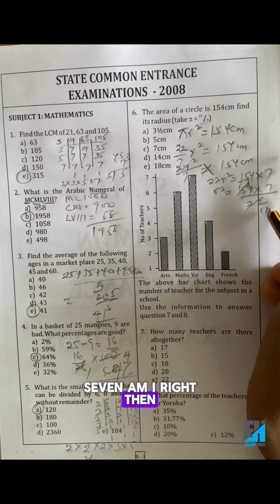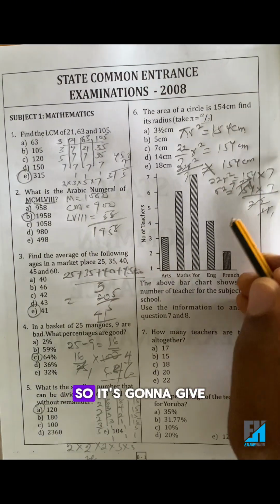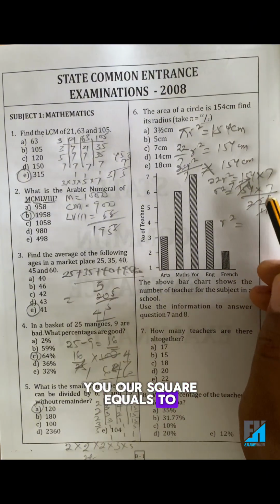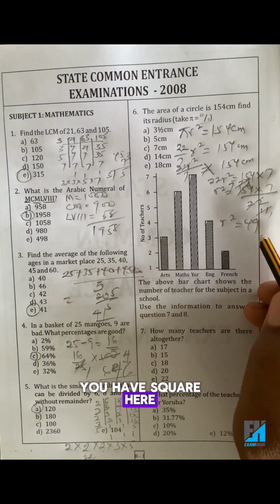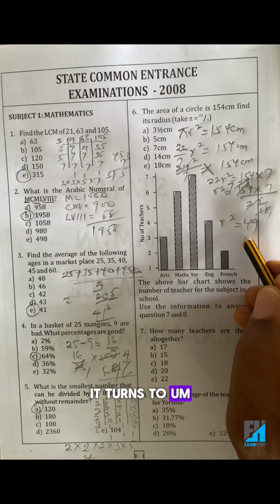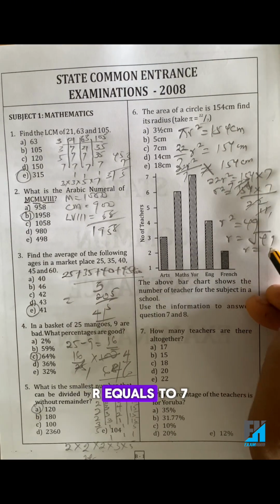Then 11 here, 1. 11 in 77, that'll be 7. So it's going to give you r squared equals 7 times 7, 49. And when you have a square, it turns to square root. So r equals square root of 49, r equals 7.